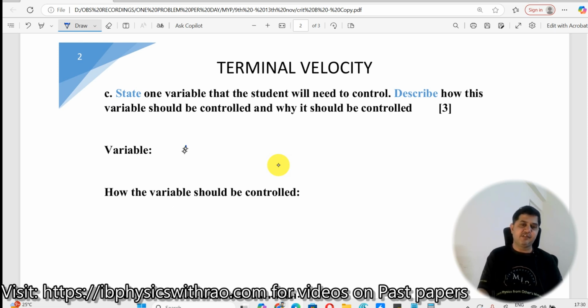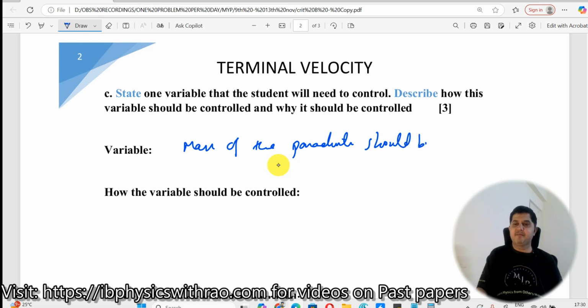We can use the mass of the parachute. The mass of the parachute should be the same. If I have a smaller one, then the weight of this one will add to it, and if I have double the size of it, then the weight of the parachute will be more.